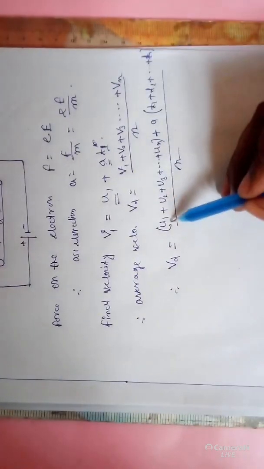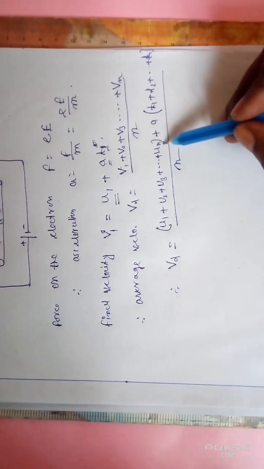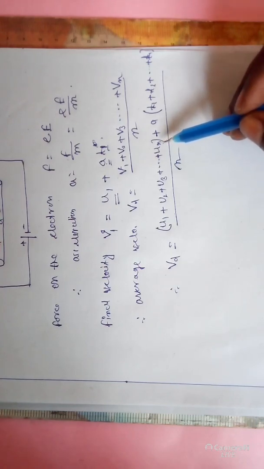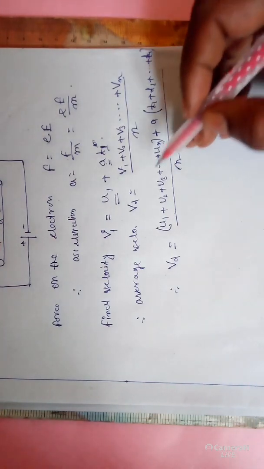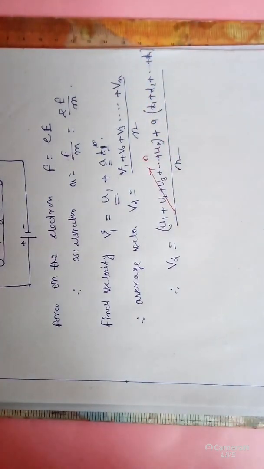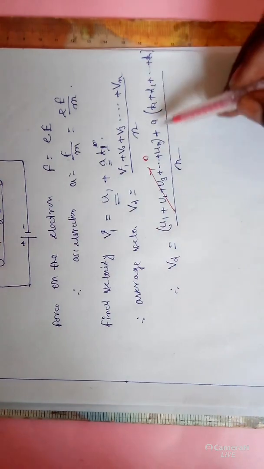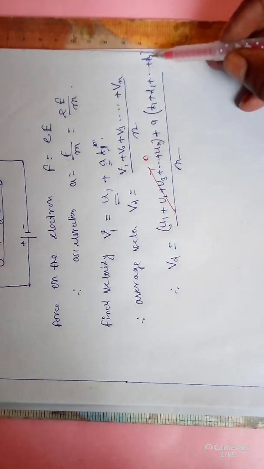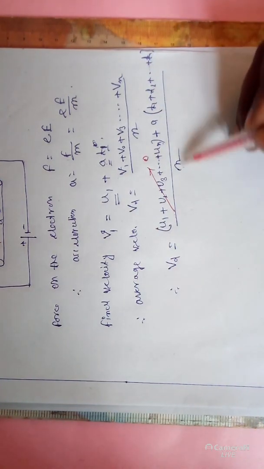Now notice here, this is the average initial velocity of the electron. Because the directions are arbitrary, the average initial velocity of the electron will become 0. Only a into t1 plus t2 plus t3 dot dot tn by n will be there.